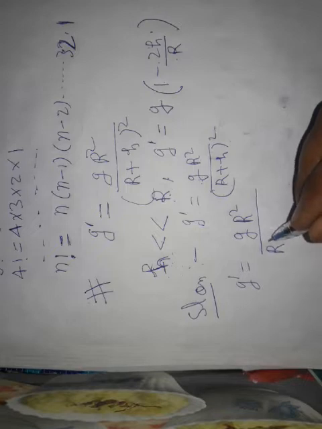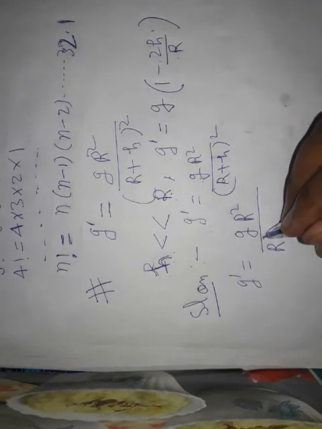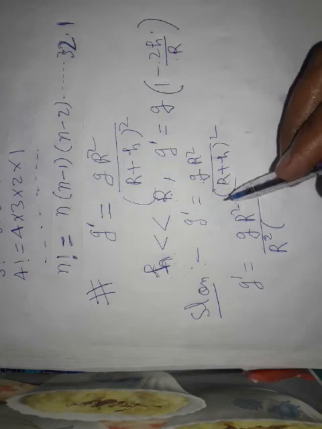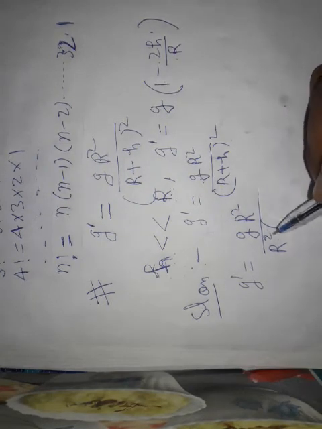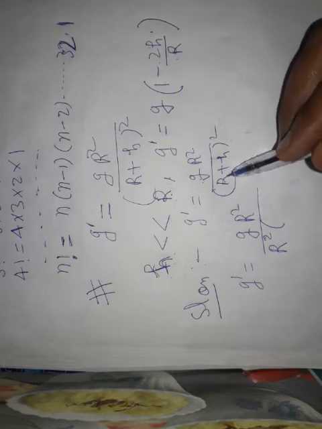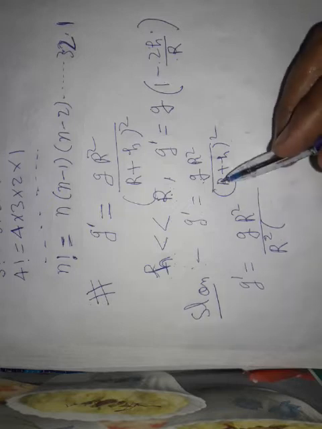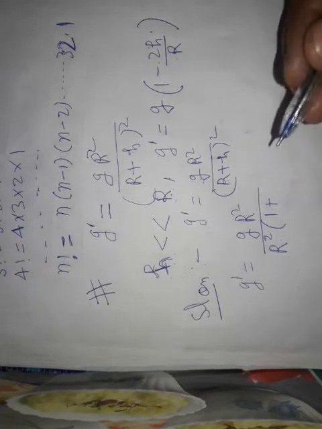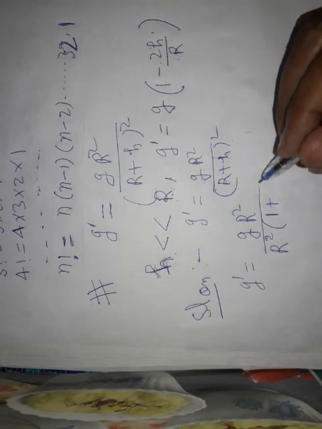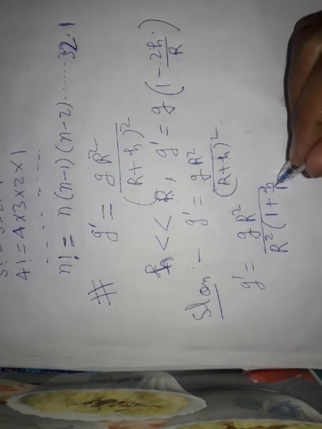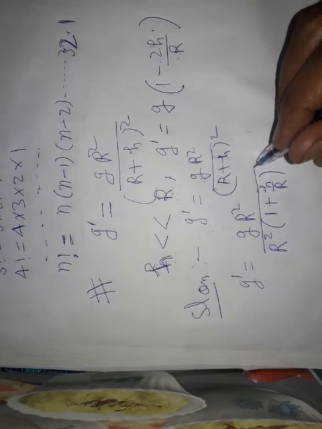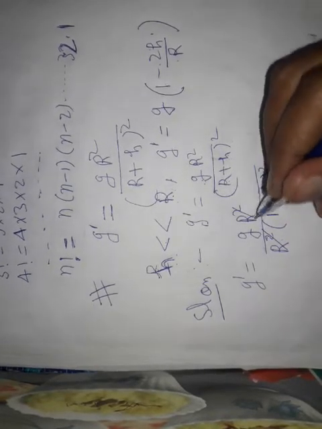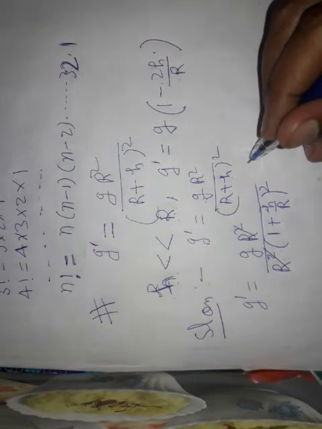So R is common, whole square, so R square, and in the bracket, if we take R common, we have to divide R and small h by capital R. Then R divided by R means 1 plus h divided by R means h by R, and whole square. So R square will be cancelled out.